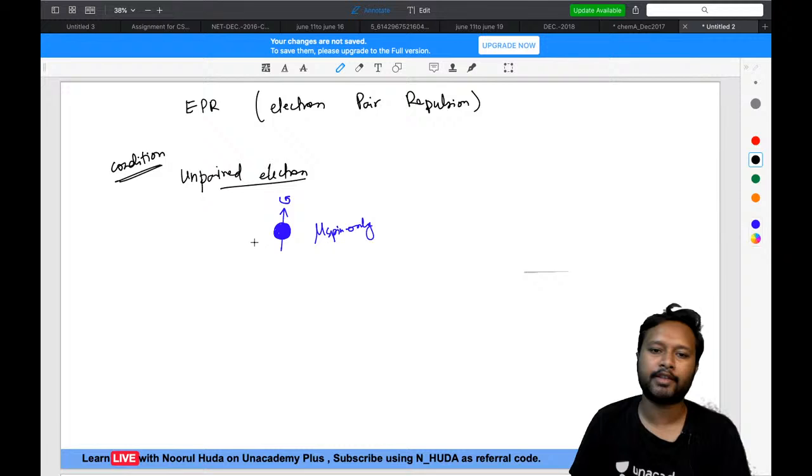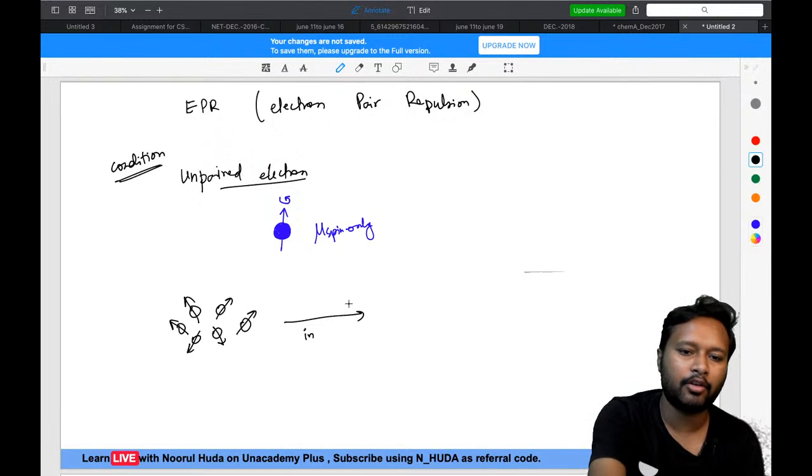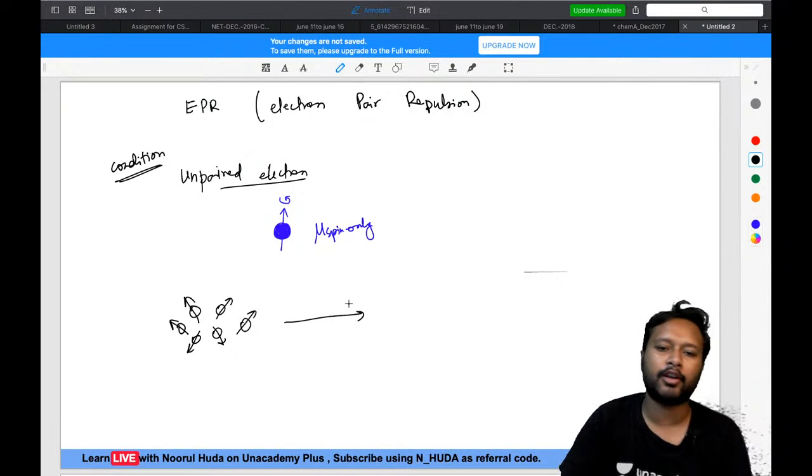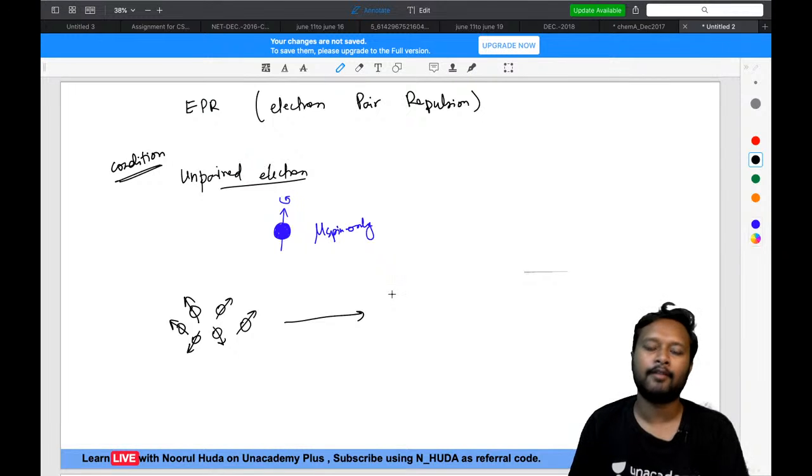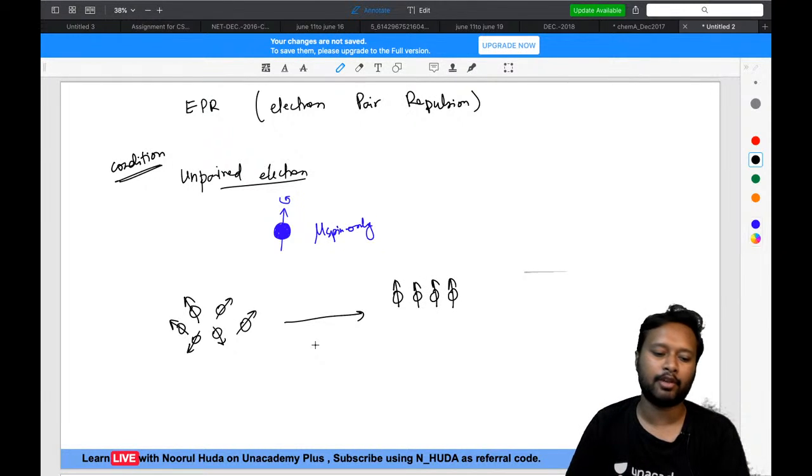If you put it in an external magnetic field, let's say all the electrons are like this, all these electrons have random spins and random magnetic moments in different directions. When you put them in an external magnetic field, all of them are going to align themselves according to the external magnetic field. This is what you might have studied as a property of paramagnetic substances also. Now there can be two types of alignment.